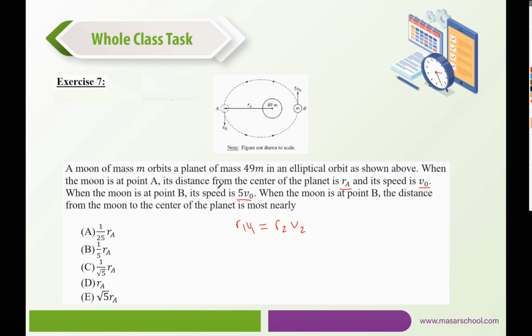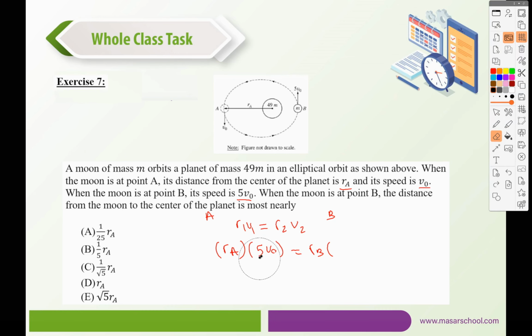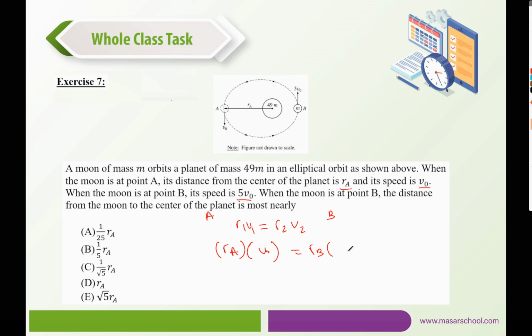Let me say this is A and that's B. At point A, the radius is ra and its speed is v0. That equals rb multiplied by 5v0.